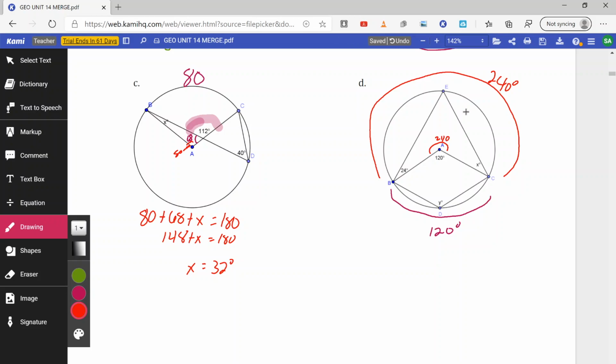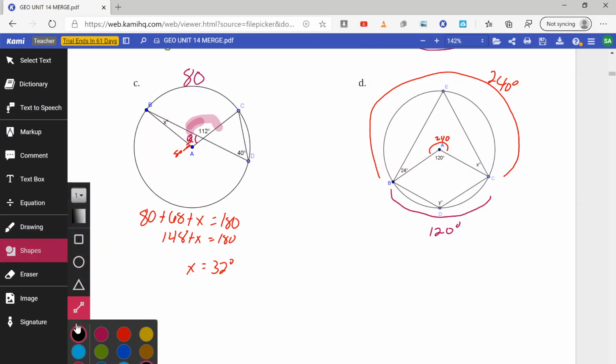So from here, what we're going to do is we are going to try and figure things out. What we can do is extend on out.